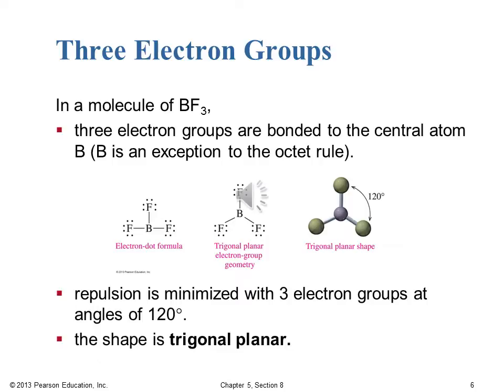So we've maximized the 3-dimensional space there, and we have now the repulsion minimized by maximizing the distance, the bond angle between those electron groups. And of course, as I've just said, the shape is trigonal planar. So there's 3 different species about the central atom, and they're all in one plane, the plane of the screen here, as we see in this 3 electron group domain.